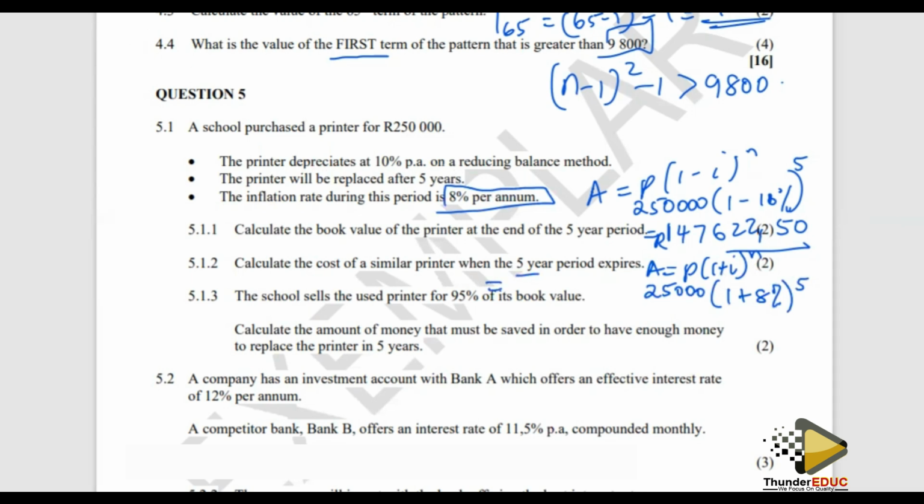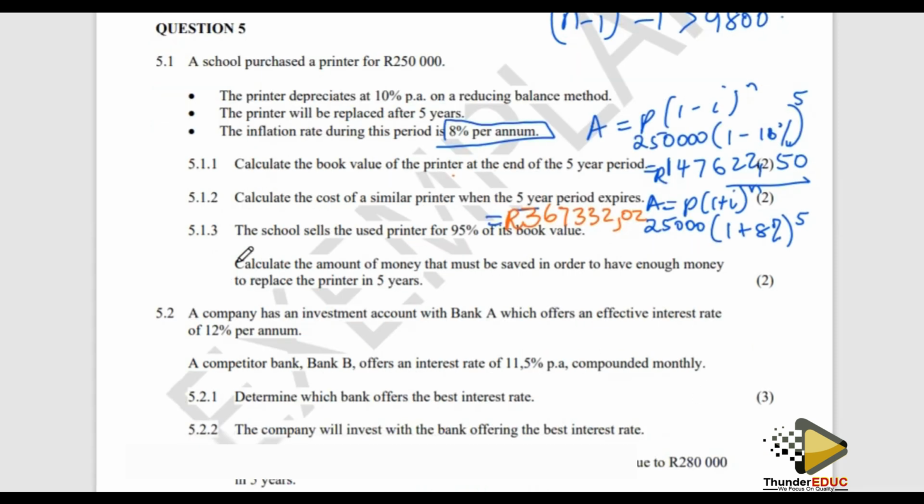Let me try to squeeze it in. That gives us 36,732.02. Okay, that is the new price of the machine in 5 years' time.